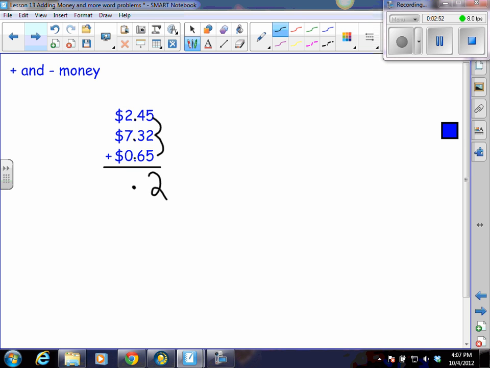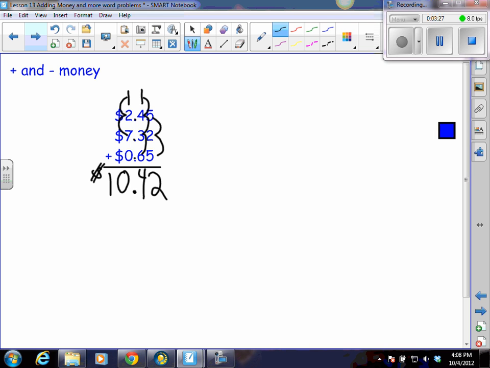So 2 goes down, 1 goes up, and then I can add this way. 1 plus 4 is 5, plus 3 is 8, 8 plus 6 is 14, 4 goes down, 1 goes up, and once again 1 plus 2 is 3, 3 plus 7 is 10, plus 0 is $10.42. And my decimal place got a little out of place there, as I wrote a little bit larger. But we can see that working.